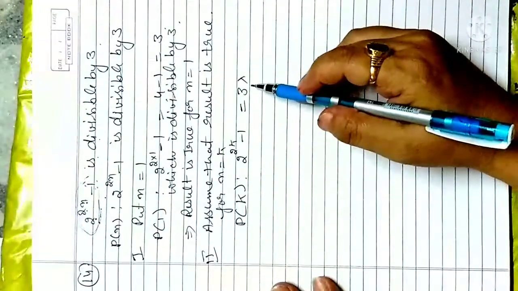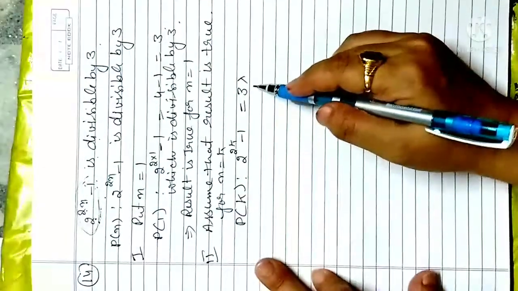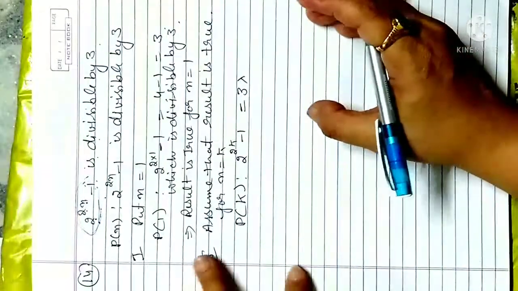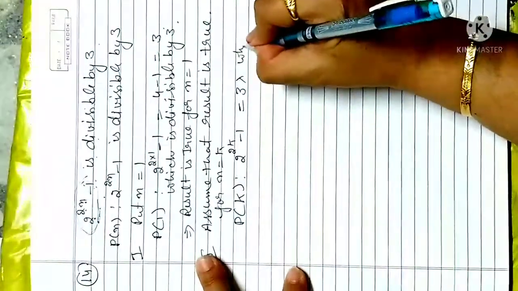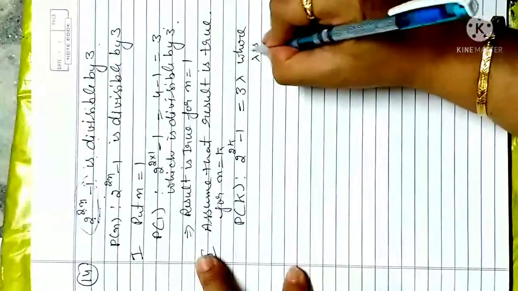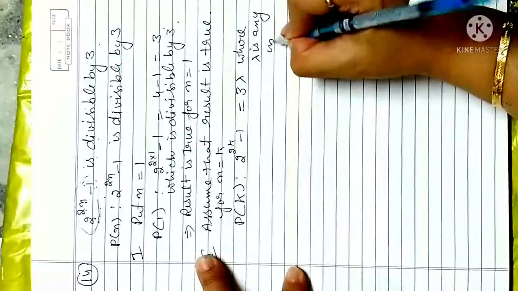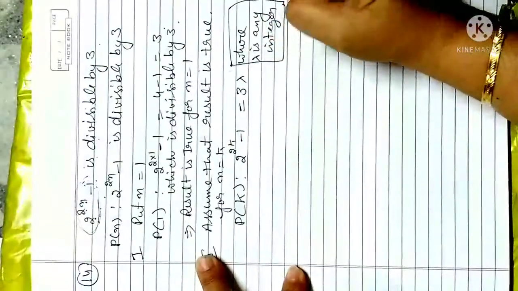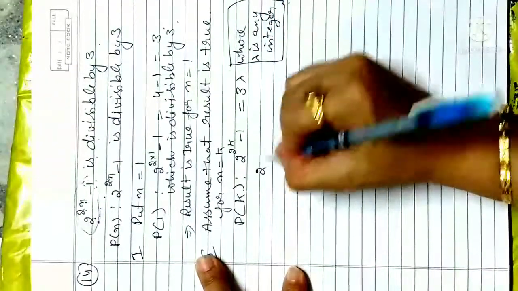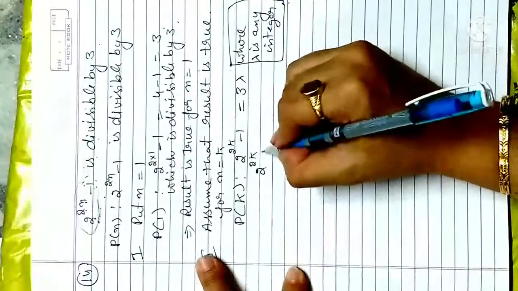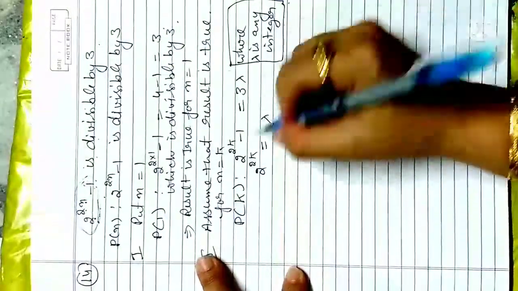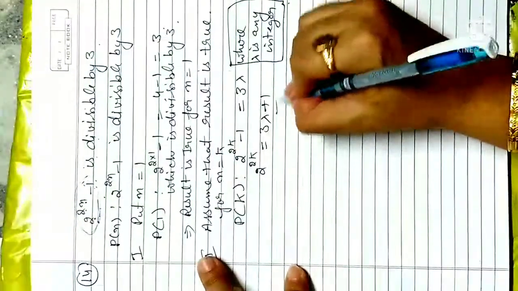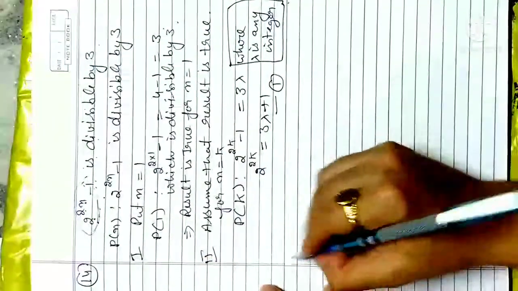Why do I consider 3 lambda? Because if you multiply any integer by 3, that gives you a multiple of 3, or a number divisible by 3. Here you have to write that lambda is any integer. That can be even, that can be odd, that can be any number. So now you rearrange this equation. 2 raised to power 2k is equal to 3 lambda. Now negative 1 shifted to the other side becomes plus 1. So we mark this as my equation 1.